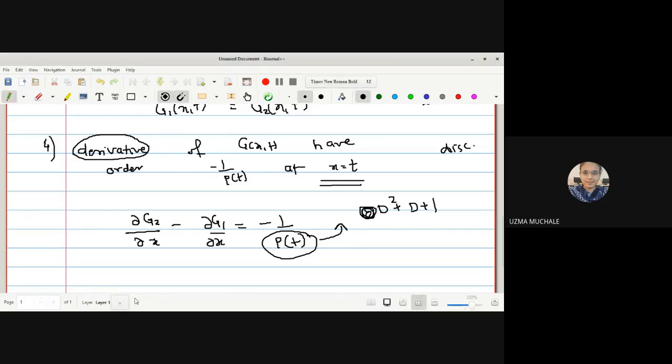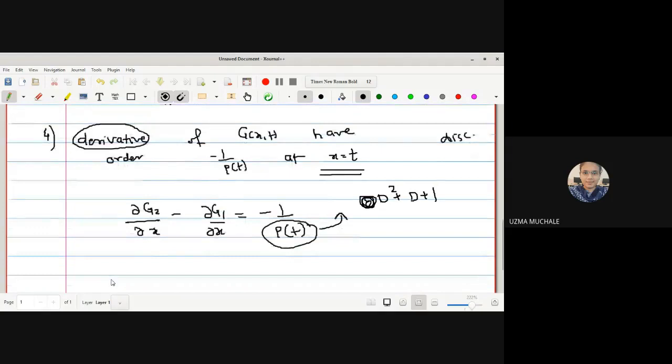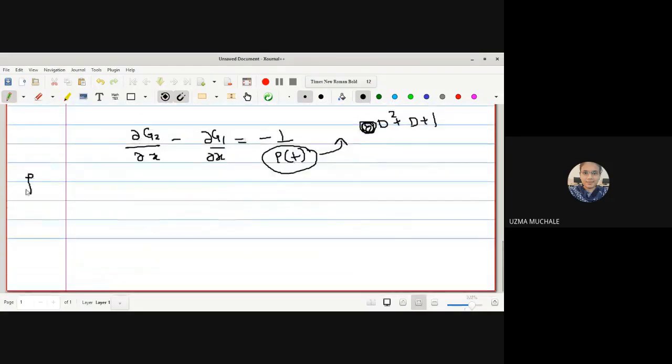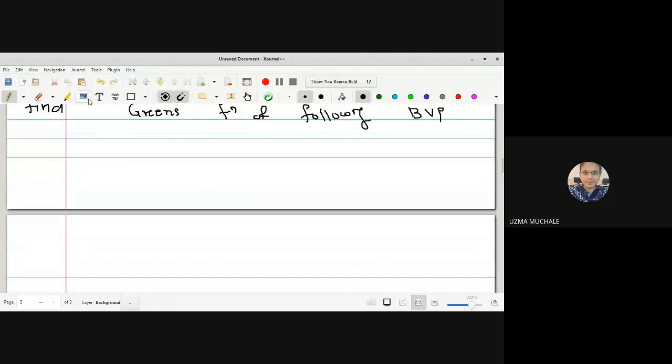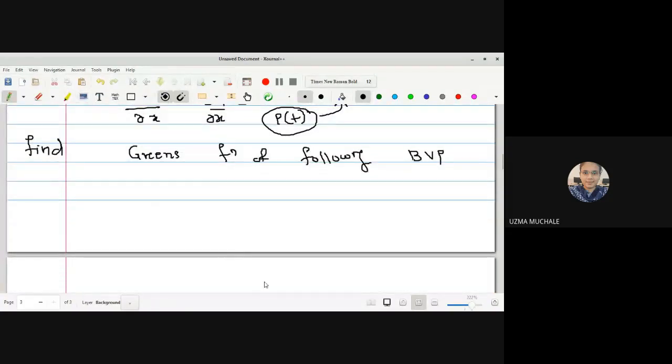Write this. Find the Green's function of the following boundary value problem.